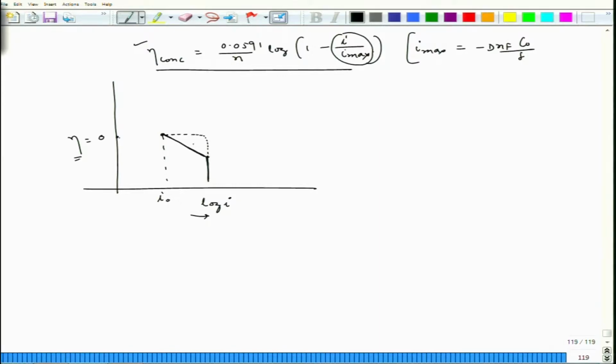Okay. So, this is activation polarization, and this part is concentration polarization.